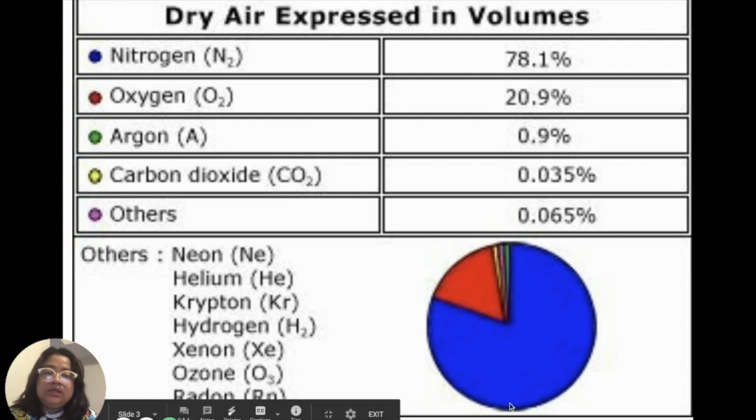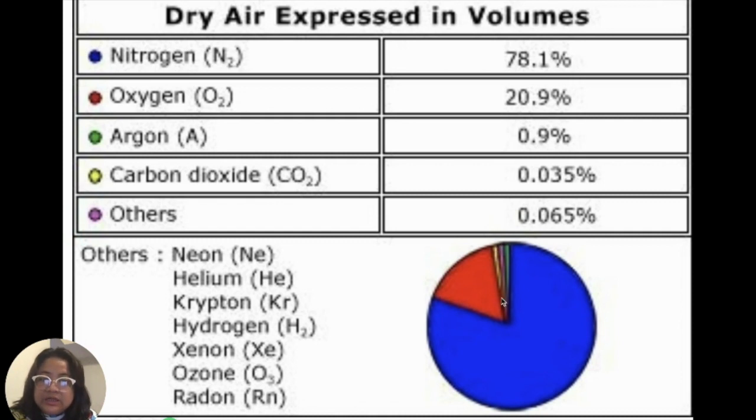As you can see in this chart, the blue one is the nitrogen, the most abundant gas in the atmosphere. And then the red one here is your oxygen. And as you can see in this pie chart, there is a very small amount of other gases.